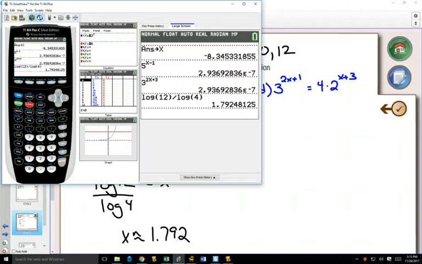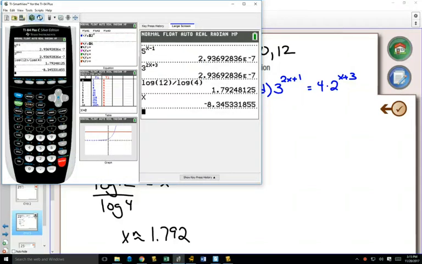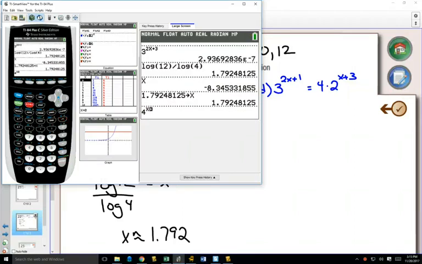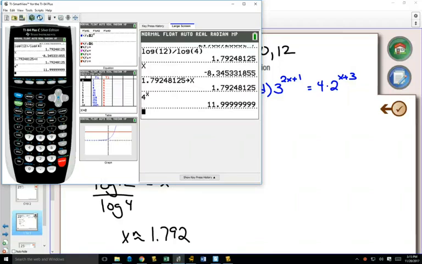I can store that as x. And I can check, is 4 to the power x equal to 12? It is. Notice it came up as 11.9999 because I didn't store it initially.